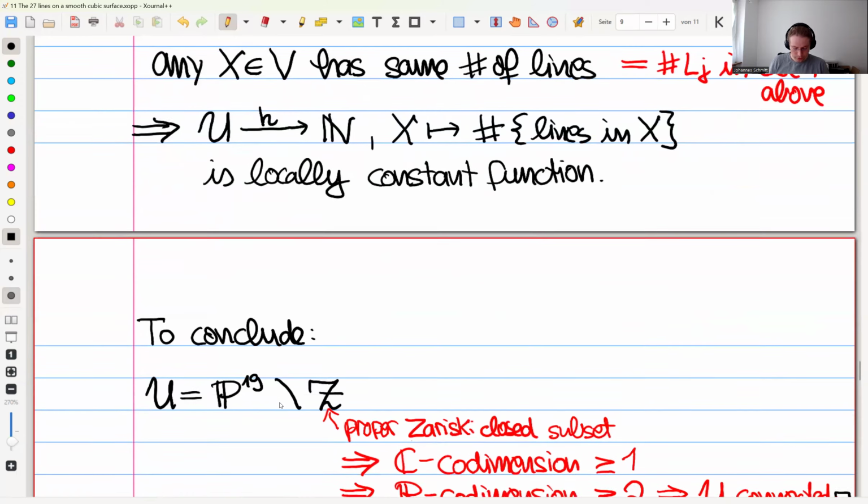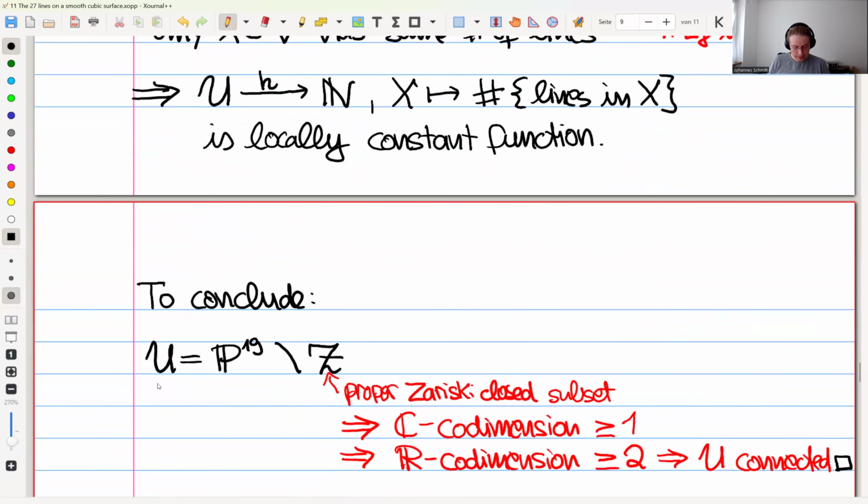So to conclude, we see that we want to show U is connected, because if we have connected, this means this locally constant function must actually be constant. And then we have seen the particular Fermat surface has exactly 27 lines.